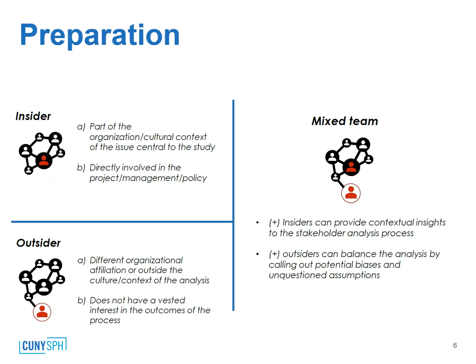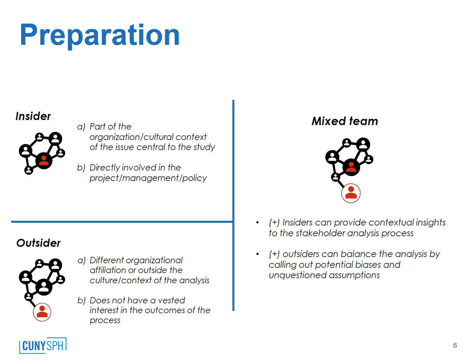When preparing for a stakeholder analysis, it's important to think about who is conducting this analysis. For example, insiders, the people directly involved in the policy organization, bring valuable context and knowledge. They understand the culture and day-to-day realities, and can help us in that way. But relying only on insiders can introduce bias.